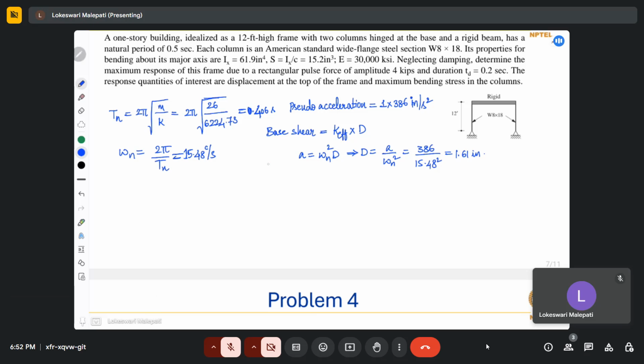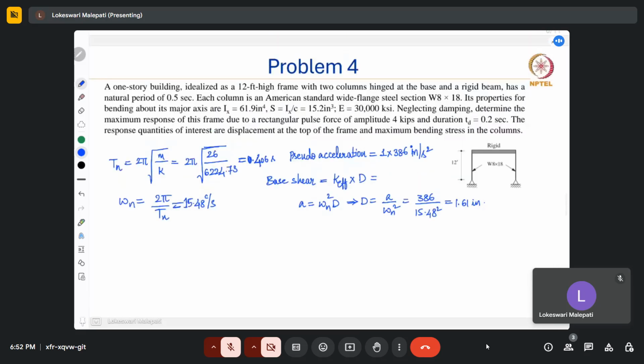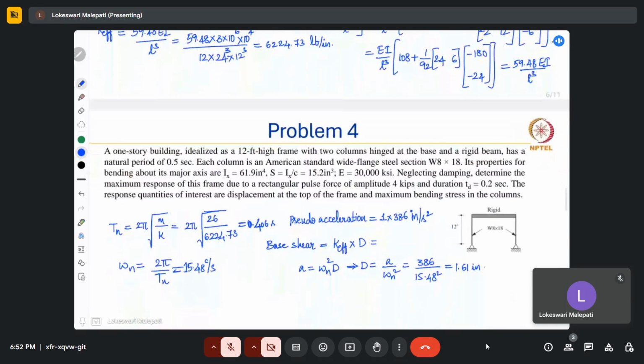So the base shear would be K effective, which we have found as 6224.73, multiplied by 1.61. So this can be written as 10.02 kilopounds.